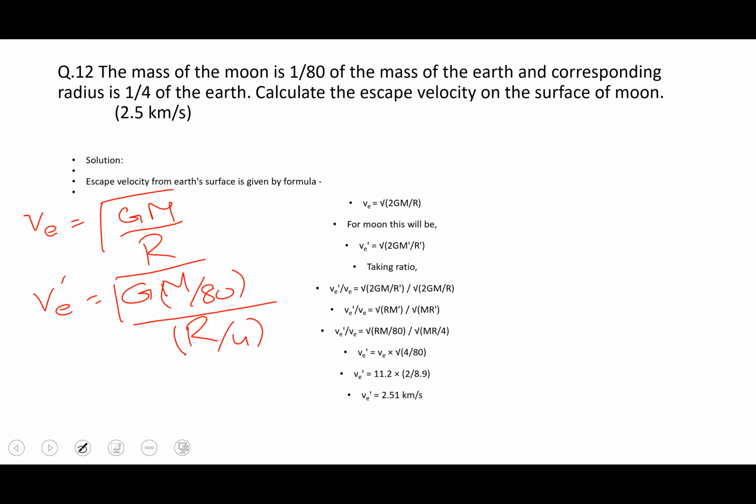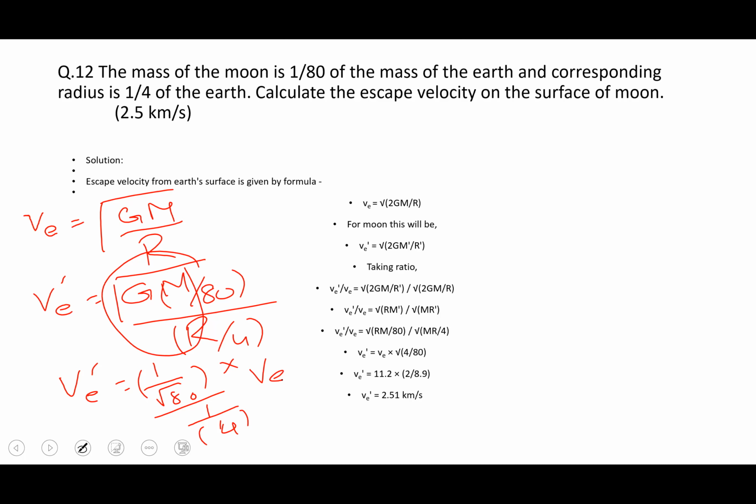If we separate all of these values, we get V E dash is equal to 1 over under root 80 divided by 1 over under root 4, into, and what was this whole thing? It was equal to V E.